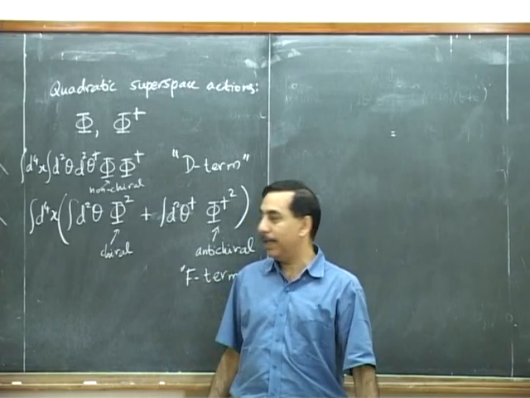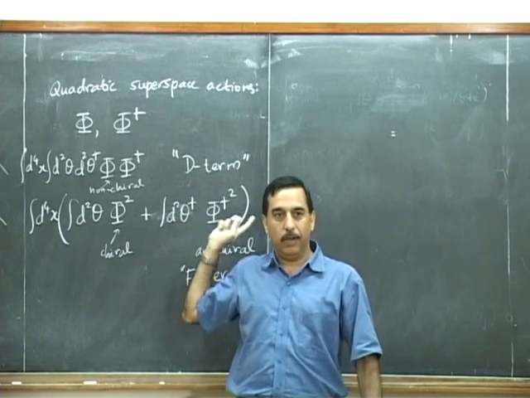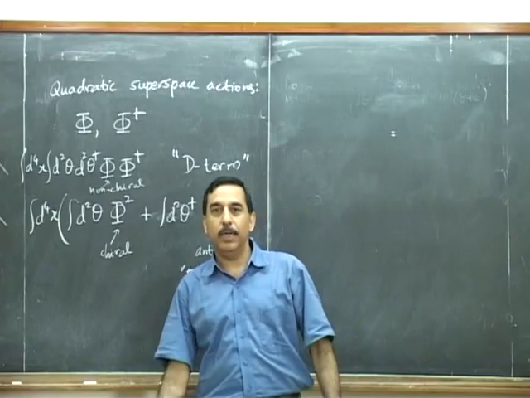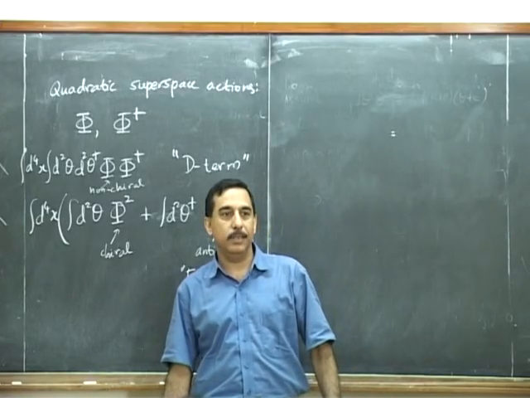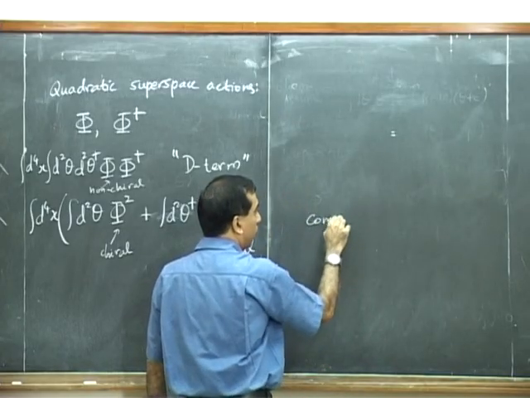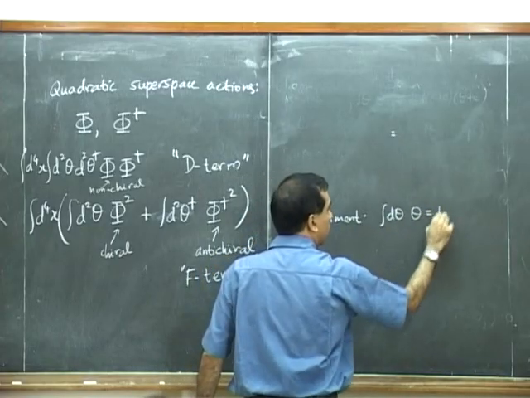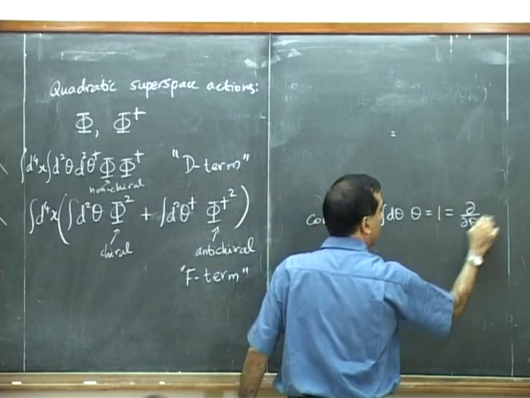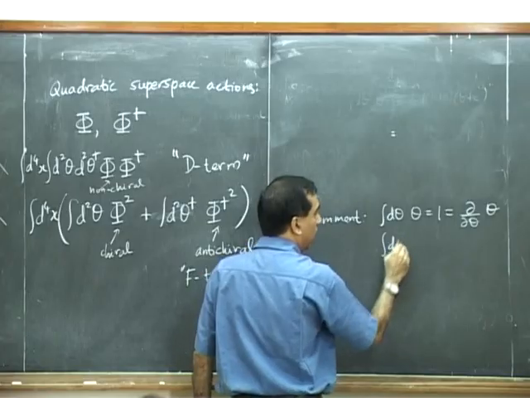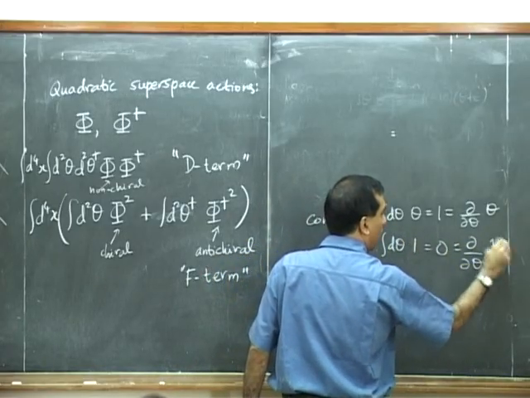By the way, you might have noticed that these rules, the integral of d theta of 1 and of theta, which I gave you, tell me that integration and differentiation are the same thing in these numbers. Okay, this is just a comment. The integral d theta of theta equals 1, which is the same as del by del theta of theta, and d theta of 1 equals 0 is the same as del by del theta of 1.